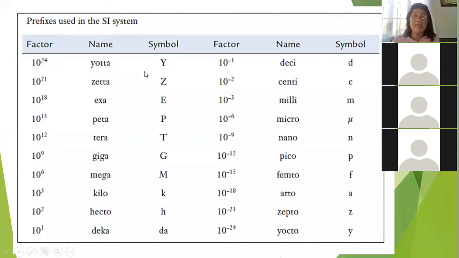Okay. This is going up. But the other side here is going down. That is 10 to the negative 1, this is 10 to the negative 2, centi, 10 to the exponent of 3, milli, 10 to the 6, micro. But now, we are having the nano. Why? Because we are now in nanotechnology.